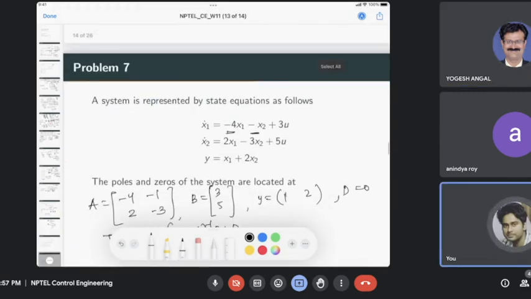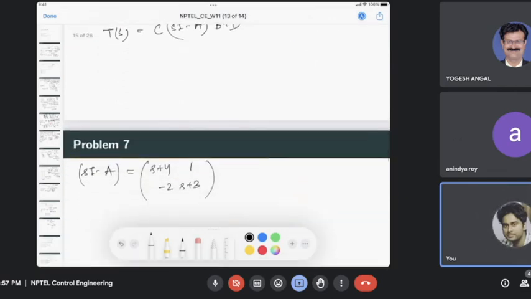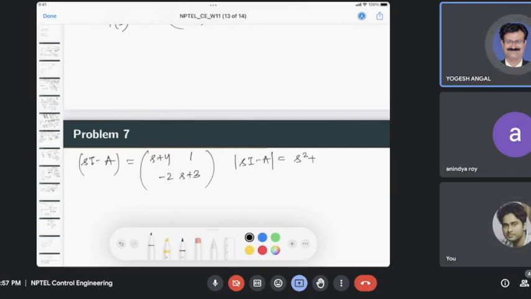Then the determinant of sI minus A will be s square plus 7s plus 12, plus 2. So it's plus 2. So it will be s square plus 7s plus 14.